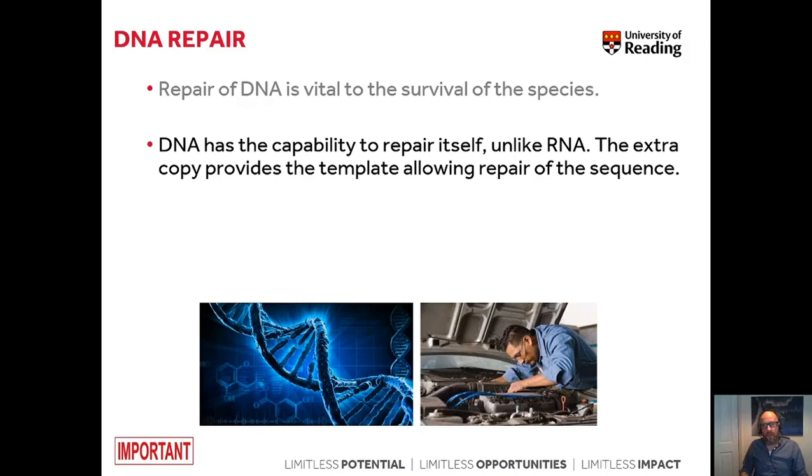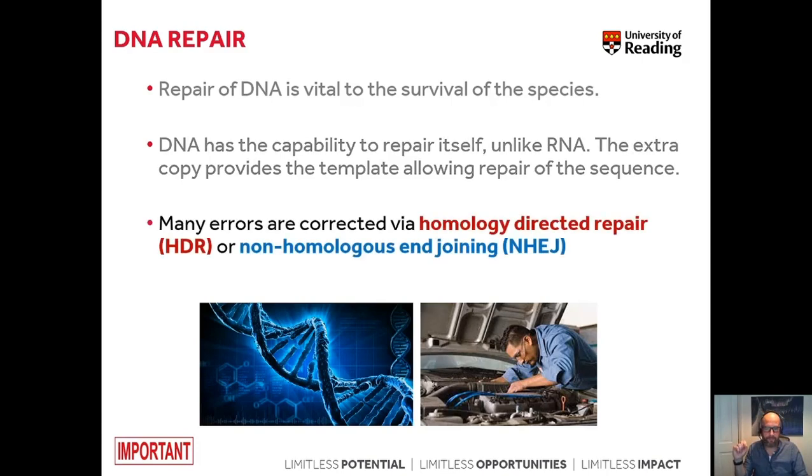DNA has the intrinsic capability to repair itself, unlike RNA, because there is always an extra copy present. Again, remember that our DNA is double-stranded and genes are actually present on both strands. Therefore, if mutation occurs only on one DNA strand, the intact copy can be used by the cell as a template.